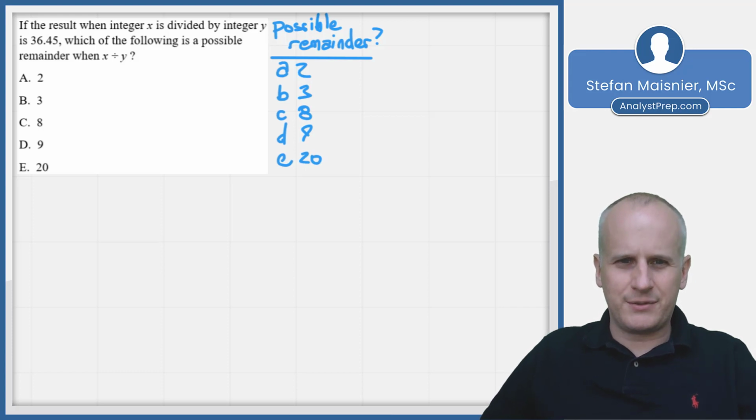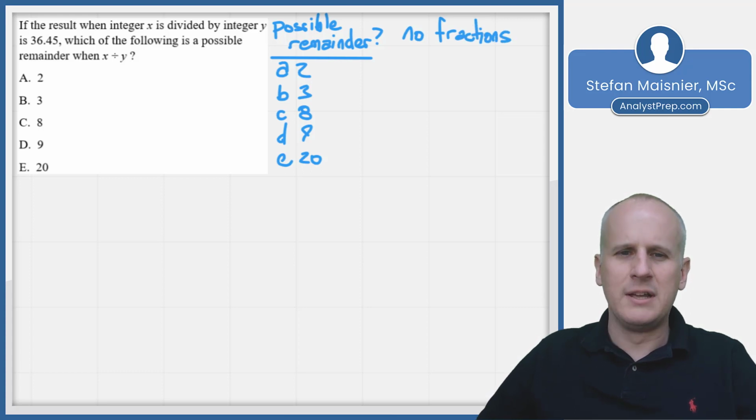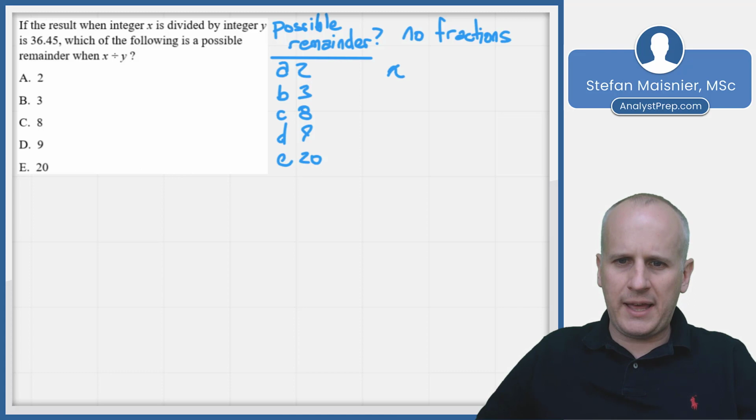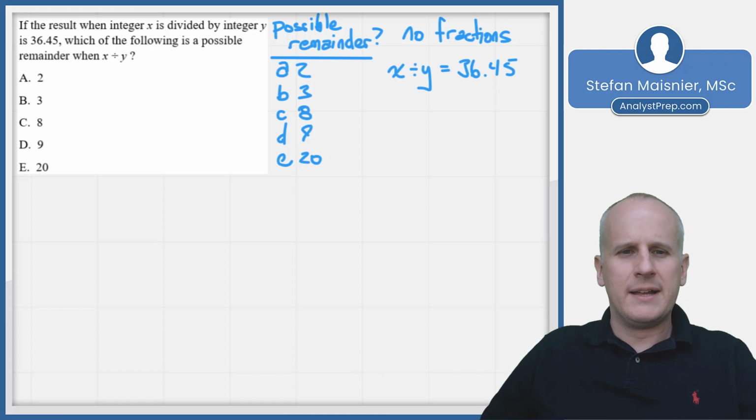So we start taking notes from the beginning. We see if the result when integer x is divided by integer y. So that means there are no fractions, and I should always note that when it's a restriction. And we know that when we do x divided by y, the quotient or result is 36.45. And we want to note that we're being asked for a possible remainder.